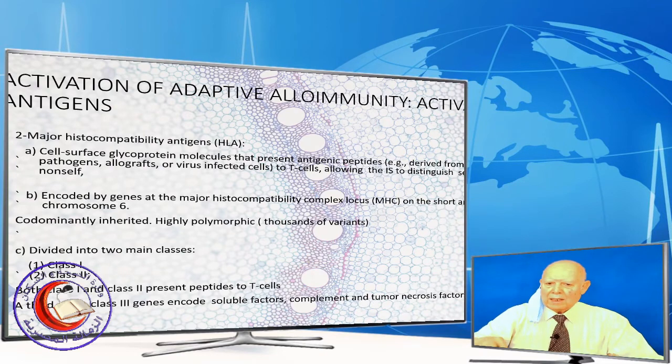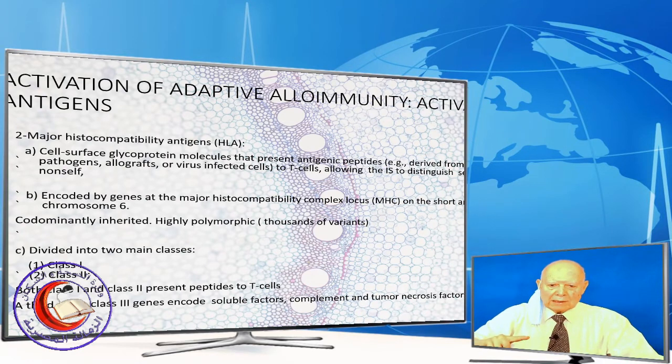The T cells are divided into many groups. CD4 positive T cells are the main cells that orchestrate the adaptive immune response, and they recognize antigenic peptides when presented to them by class 2 HLA molecules.